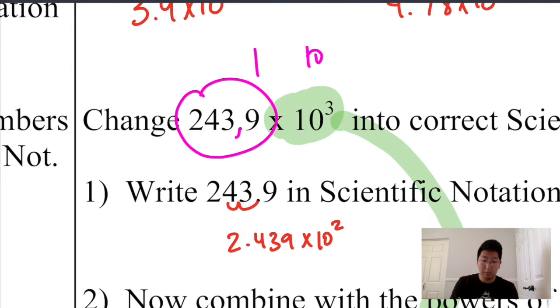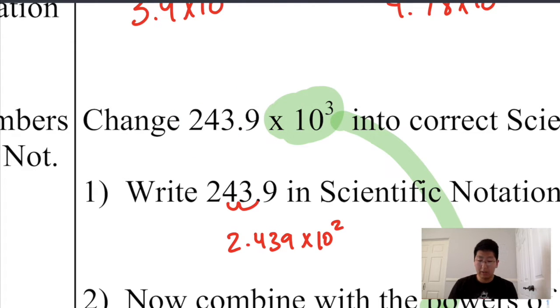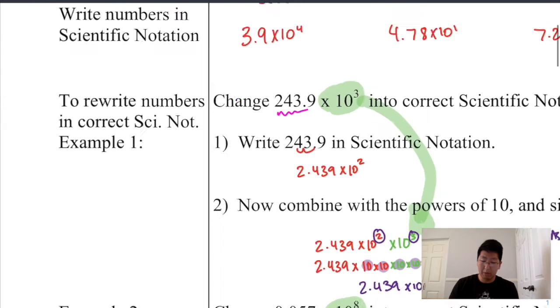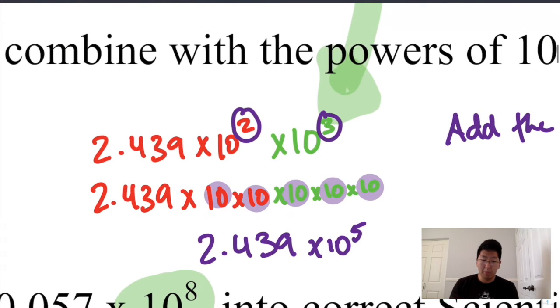So what we did was we moved the decimal point over 2 times. We wrote the number in scientific notation, and then we combined the powers. And remember, when we multiply, combining powers, we add the exponents. You can see what happened right here. 10 to the second power and 10 to the third power, that's a total of 5. So that's where this 5 comes from.